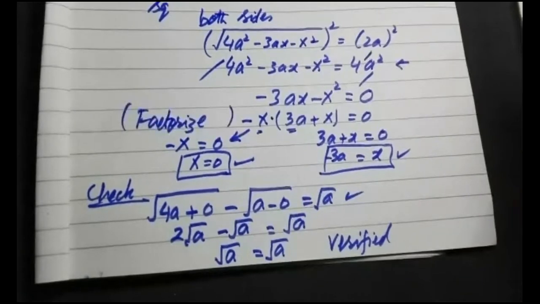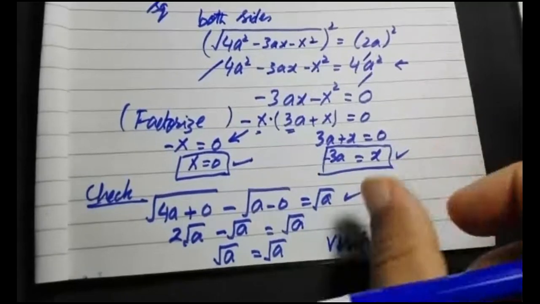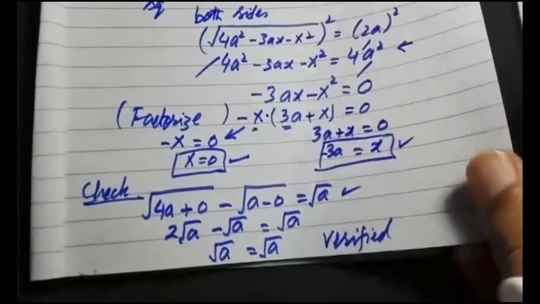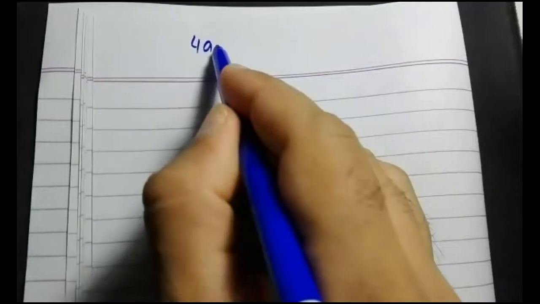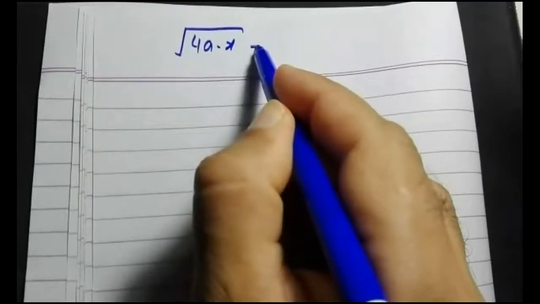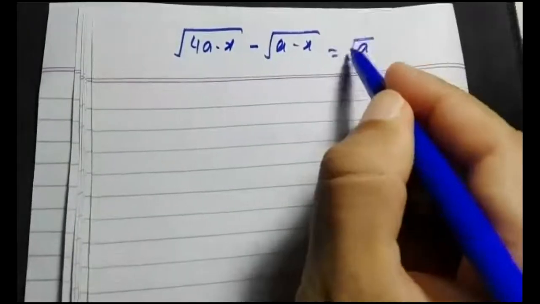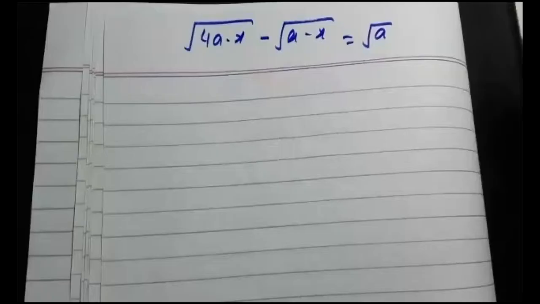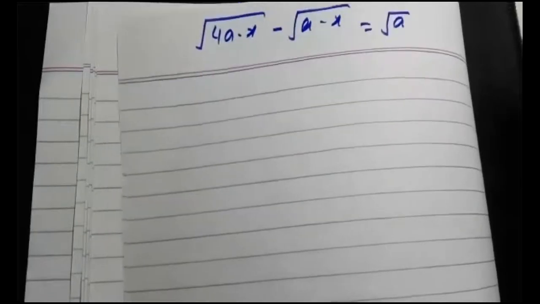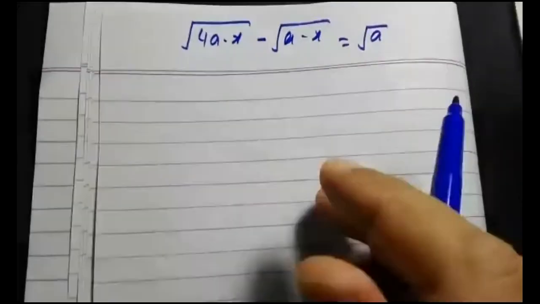Next part, we are going to test x equals to minus 3a in the original statement. So we will write the original statement again and check it. The original statement is under root of 4a minus x, minus under root of a minus x, equals to a times under root x.